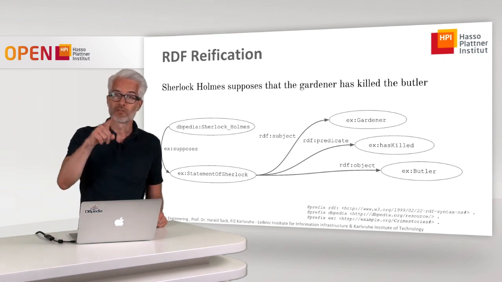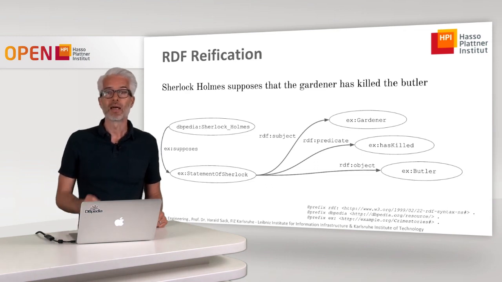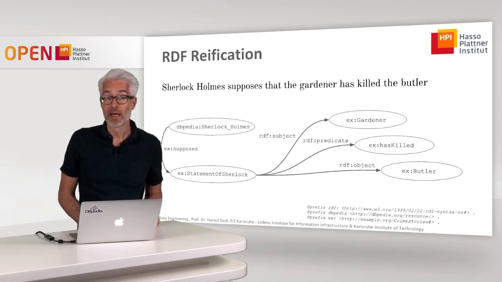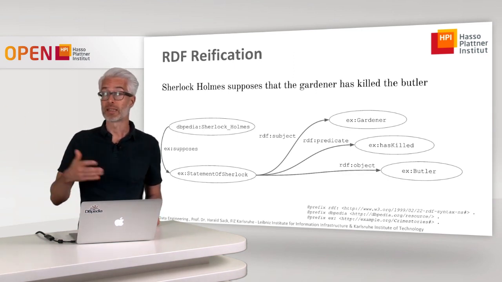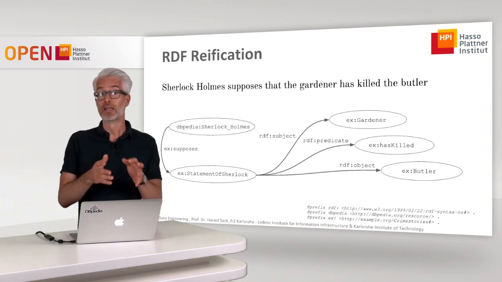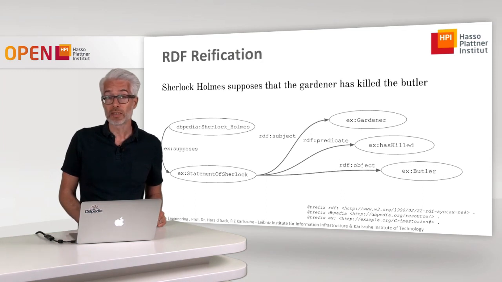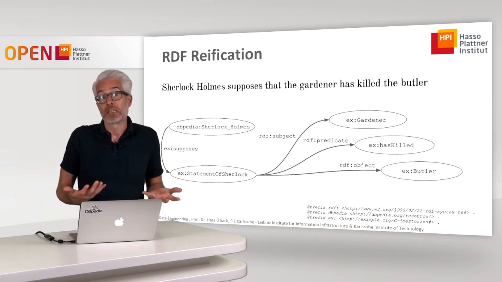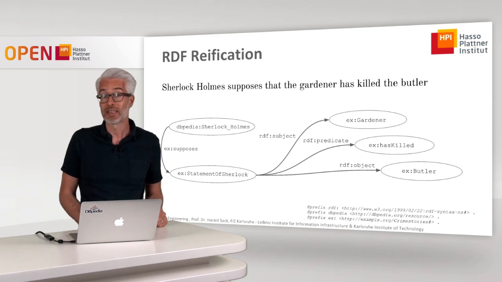It's connected to an RDF predicate, which is has killed, and connected to an RDF object, which is the butler. In this way, you are able to make statements about statements. And of course, you can continue that to make statements about statements and so on and so on, simply because the RDF statement we are talking about, statement of Sherlock Holmes, is of type statement, and of course it has been assigned a URI, therefore it can be referenced from anywhere.